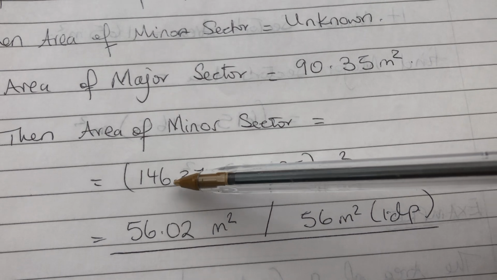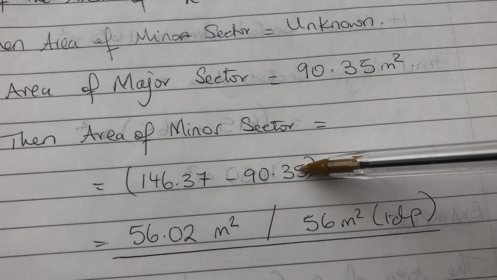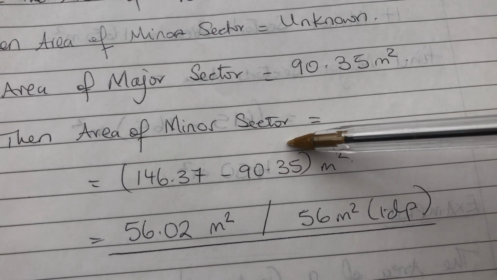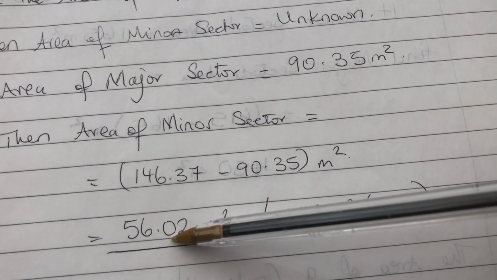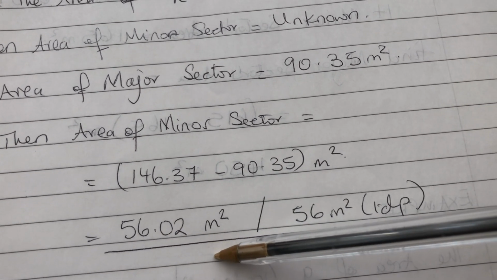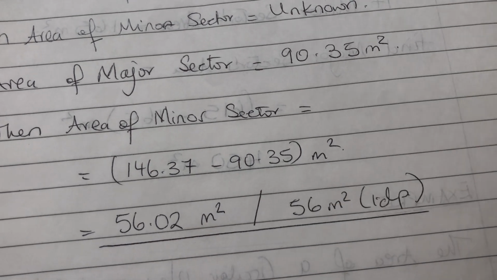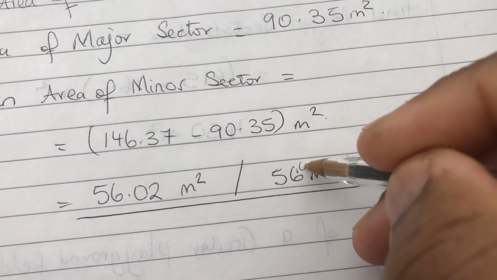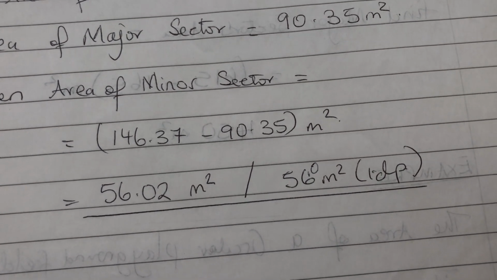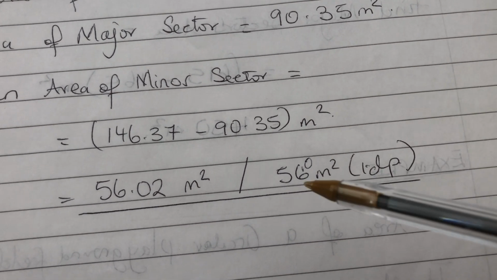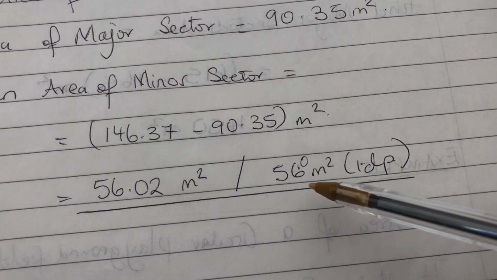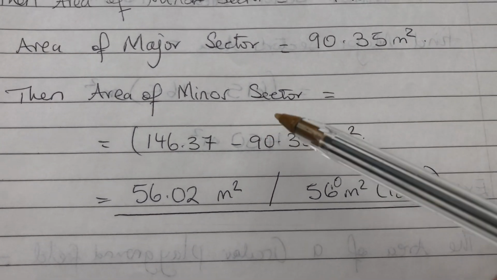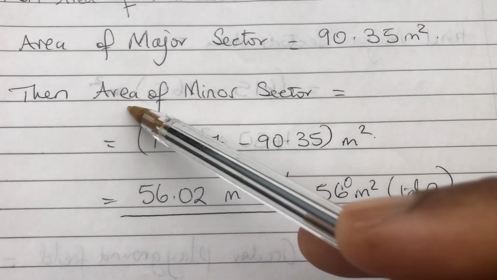You have the full circle, you have the major sector, so if you subtract, you get 56.02, or 56.0 to one decimal place. To the nearest whole number it is 56, and your unit here is meters squared because it's the area of a minor sector.